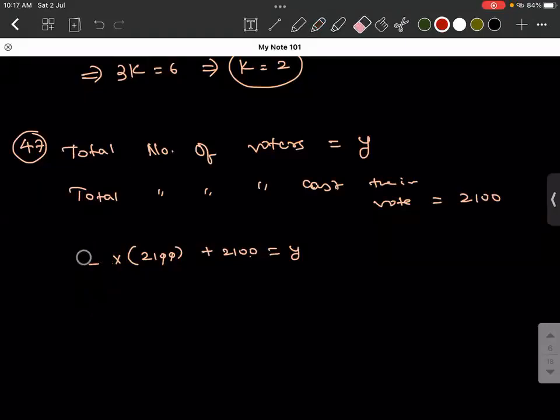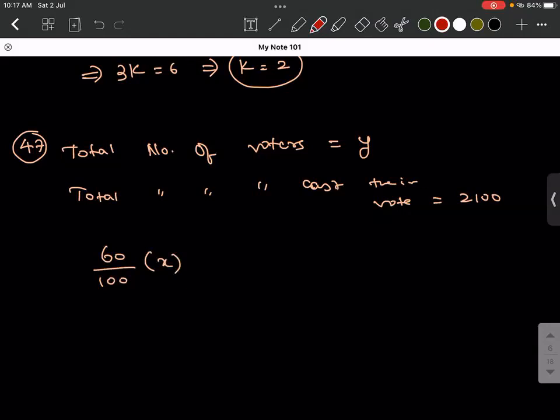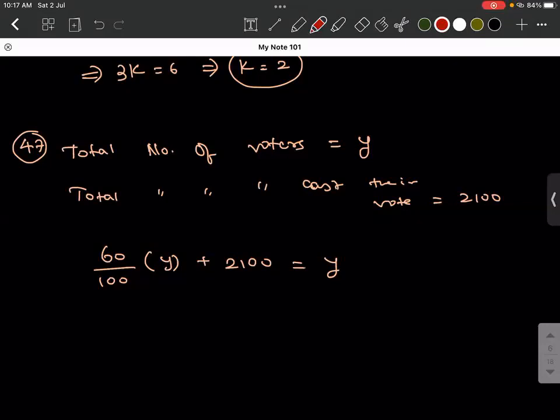I made a mistake. Wait. 60% of total voters, yeah. So 60% of total voters is Y. Plus 2,100 people who vote will be equal to Y. Did you understand? 60% of total number of voters plus 2,100 is Y. So this and this will get cancelled. 3 by 5.